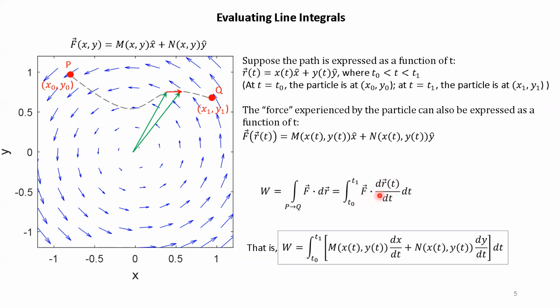So basically you could treat dr/dt as v, so dr equals v times dt. Then if I explicitly write out all the terms of this dot product, the x component times the x component of this, plus the y component of this times the y component of this, this is what you will have here.